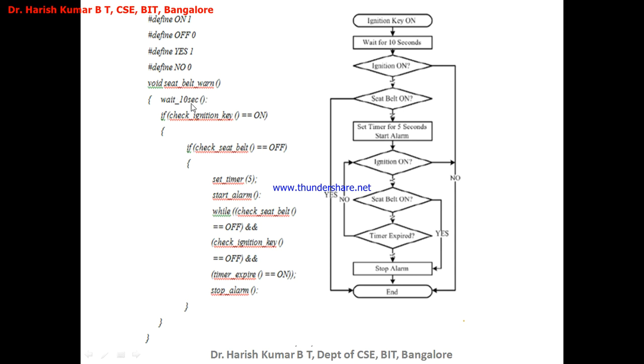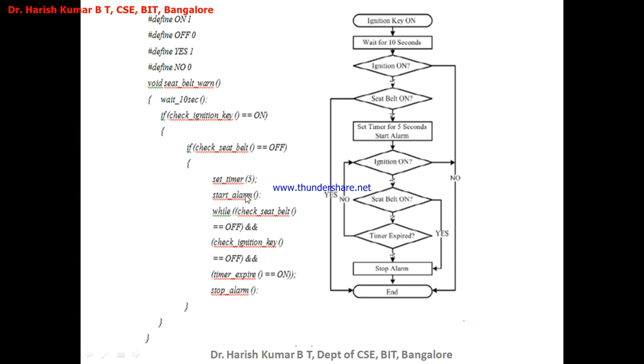We wait for 10 seconds, because the moment the user turns on the ignition, it waits for 10 seconds for the user to fasten the seat belt. So wait 10 seconds, and check: if the ignition is on and the seat belt is off, that means the user has not fastened the seat belt, so set the timer for 5 seconds.